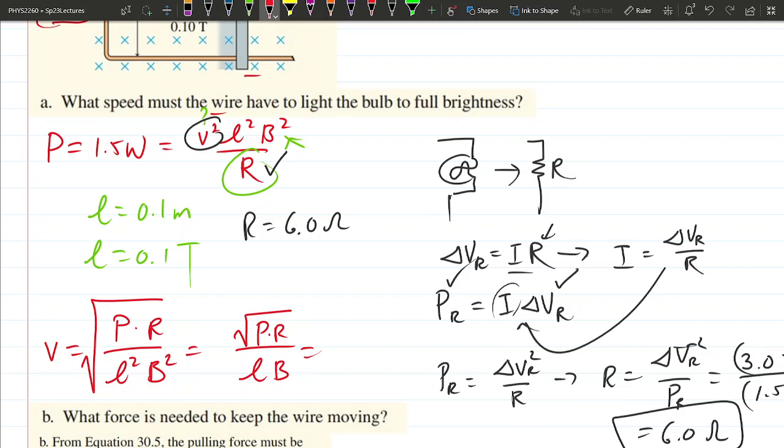So 1.5 watts, that's the light bulb. The resistance is 6 ohms. And L is 0.1 and B is 0.1. Divided by 0.1, divided by 0.1. Okay, so I actually have to square root this thing on top.